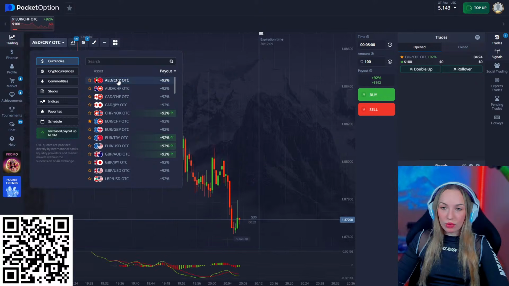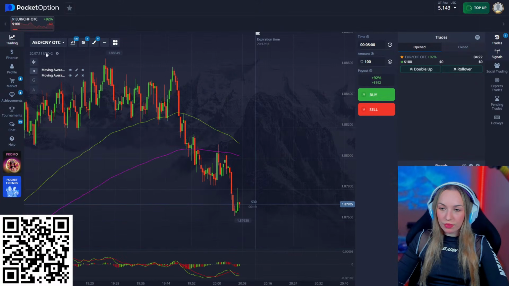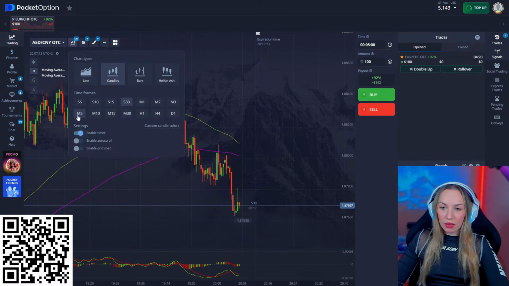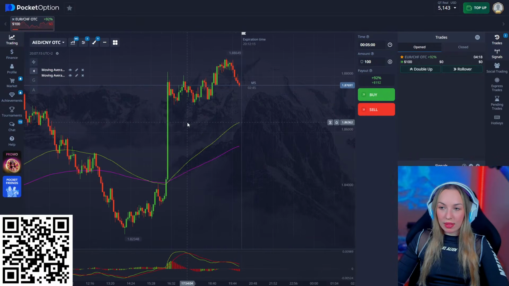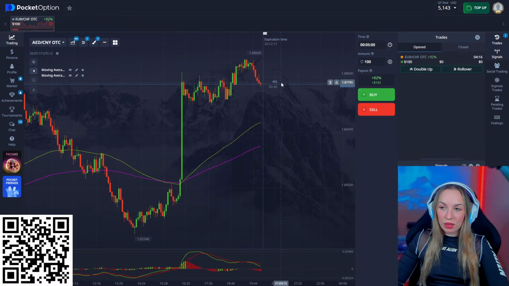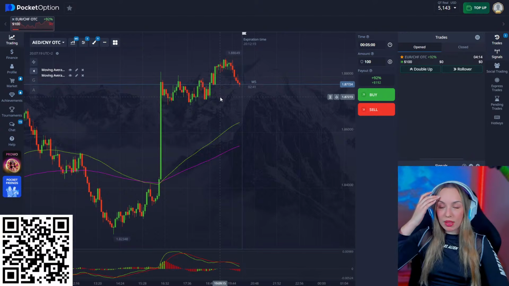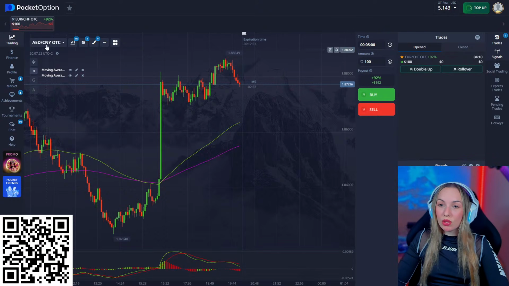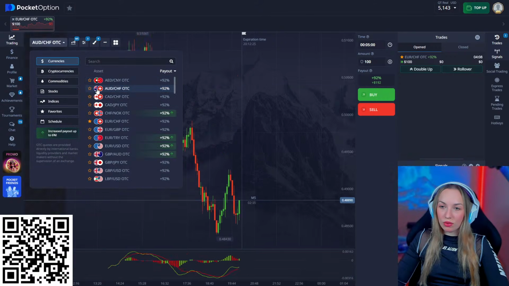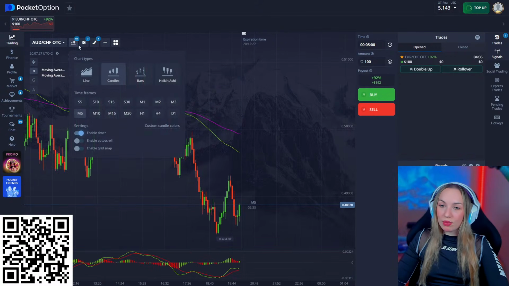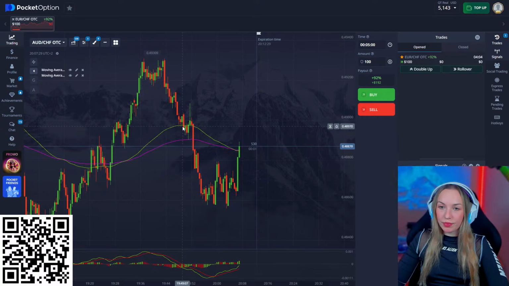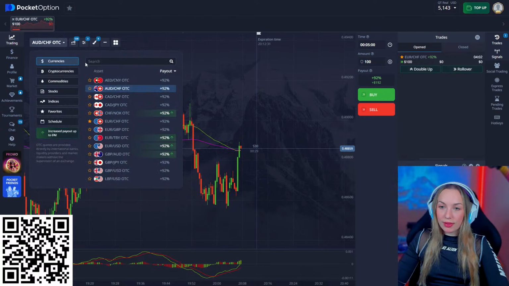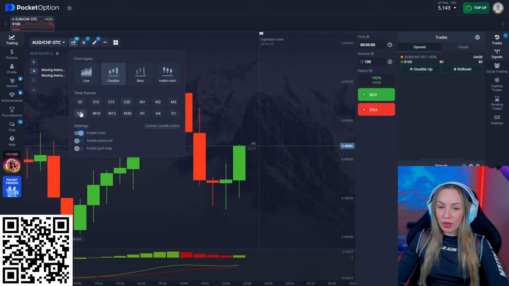Let's go to ADCNY. 30 seconds time frame doesn't tell me anything here. And here I can see on 5 minutes time frame that the price is searching for support in the resistance line, so I wouldn't enter here for now. Maybe a little bit later. AUDCHF is the next one.